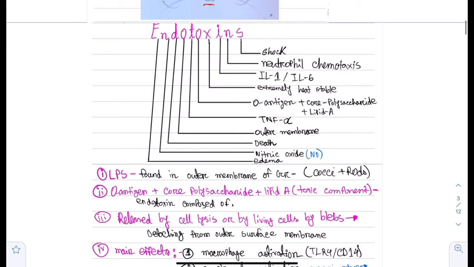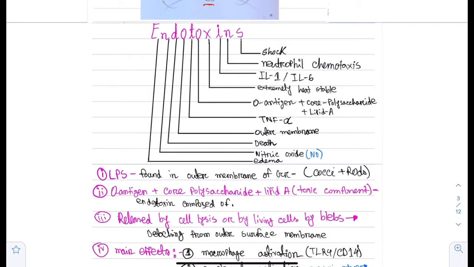And then there is another material, which is about the meaning of endotoxin. This is an abbreviation, so it's really easy to memorize what every letter means in endotoxin. So the last one would be shock. So these are the features of endotoxin. Then the N defines neutrophil chemotaxis, and then the I defines interleukins 1 and 6.